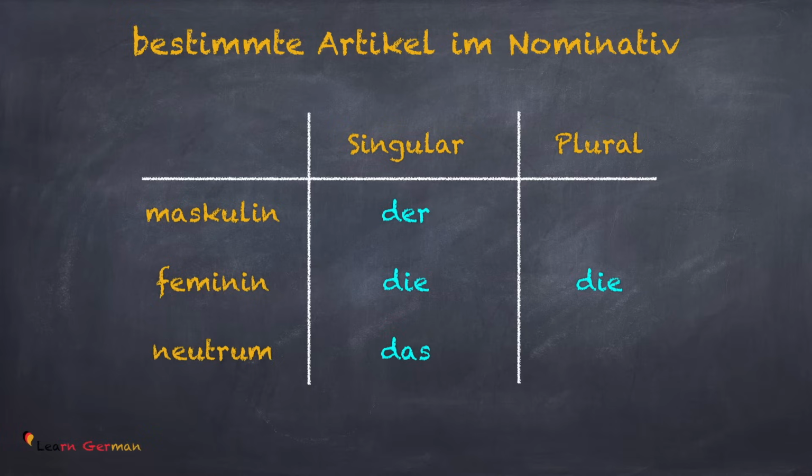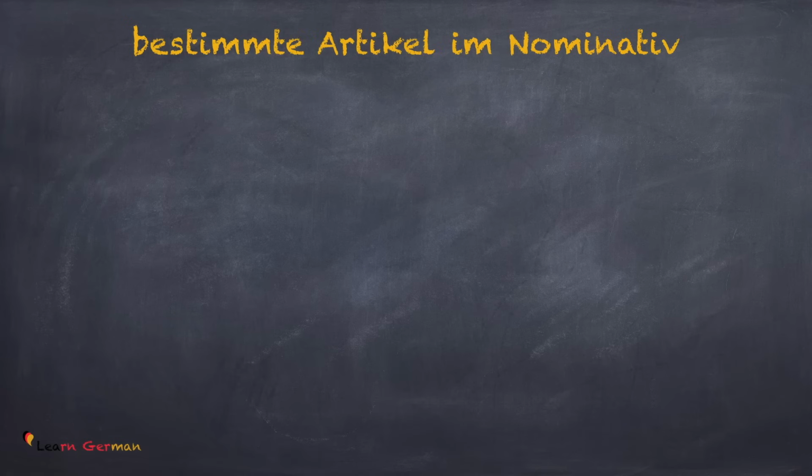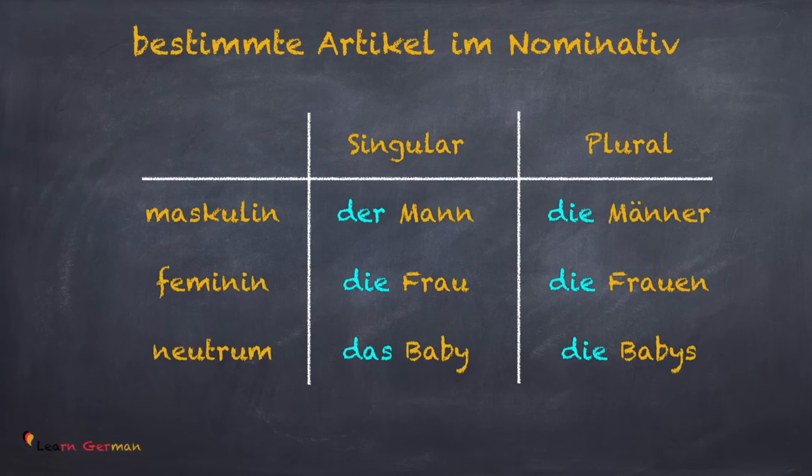It's always die. That means der Mann, die Männer, die Frau, die Frauen, das Baby, die Babys. As you can see, the article for plural is always die.